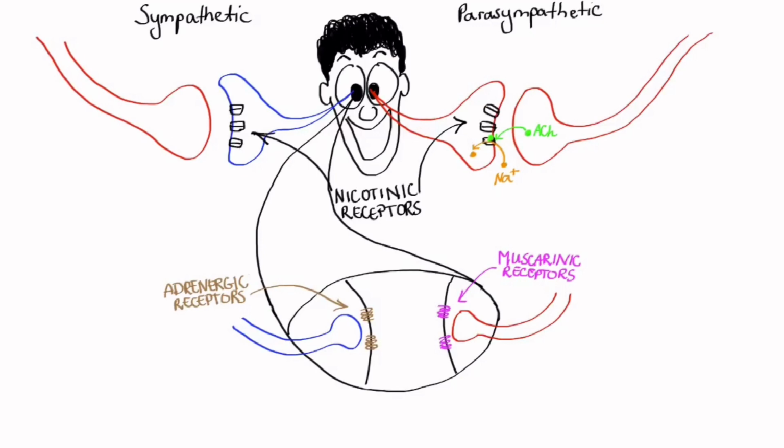Now, adrenergic and muscarinic receptors are of a type known as metabotropic receptors. And unlike the ionotropic receptors, the metabotropic ones are all linked to G protein that acts via intracellular second messengers. This is discussed in more detail in the pharmacodynamics video, so please check it out.